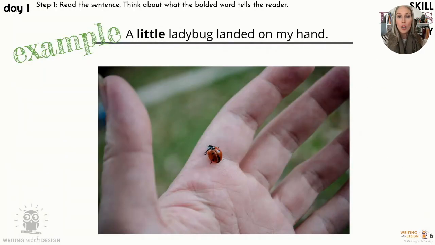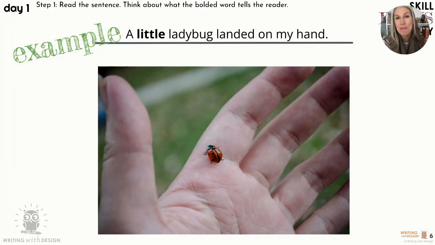Okay, so let's take a look at a sentence here. We've got a little ladybug landed on my hand. And our first step is to read the sentence and then think about what that bolded word tells the reader. So a little ladybug landed on my hand. What is the word little telling the reader? Well, it's about size, right? And then it's really telling how tiny, right?